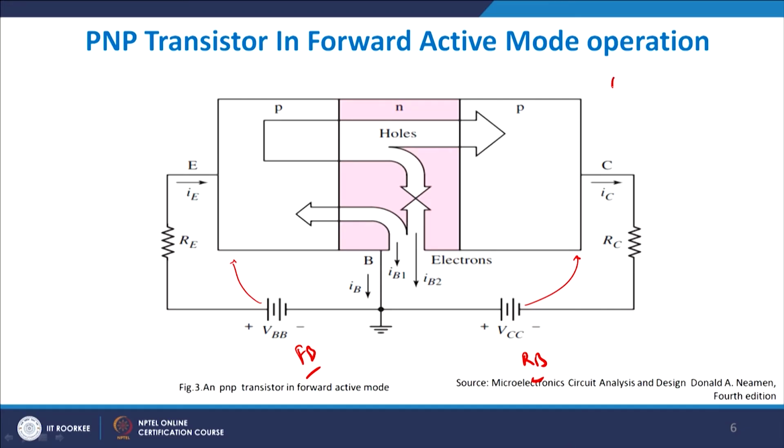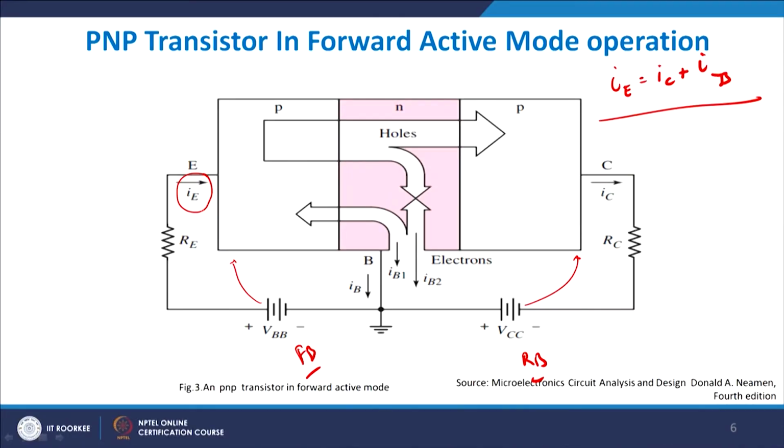Here also IE will equal IC plus IB. Because we use conventional current, the direction of the arrowhead shows the direction of the flow of the holes.